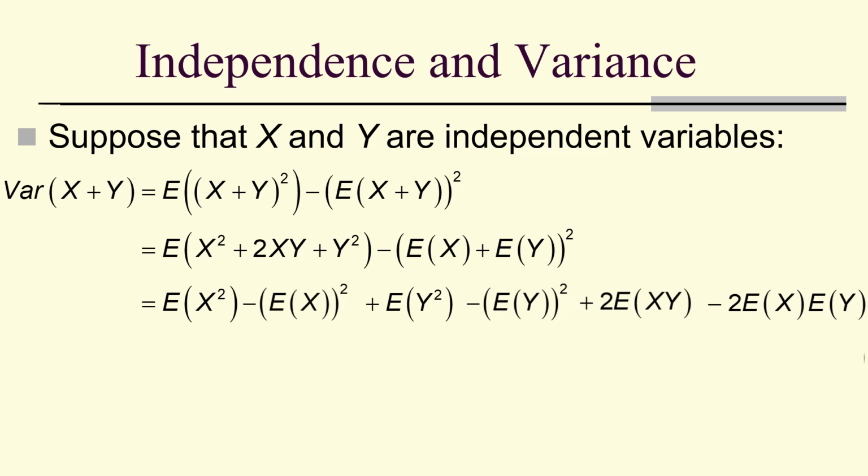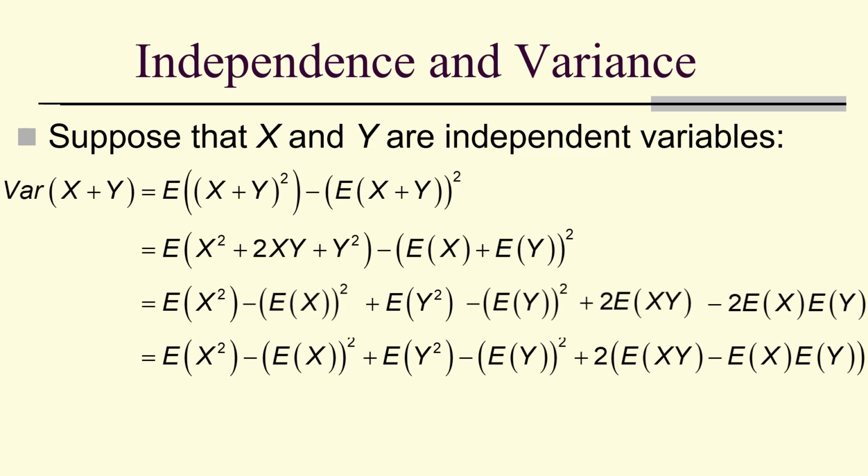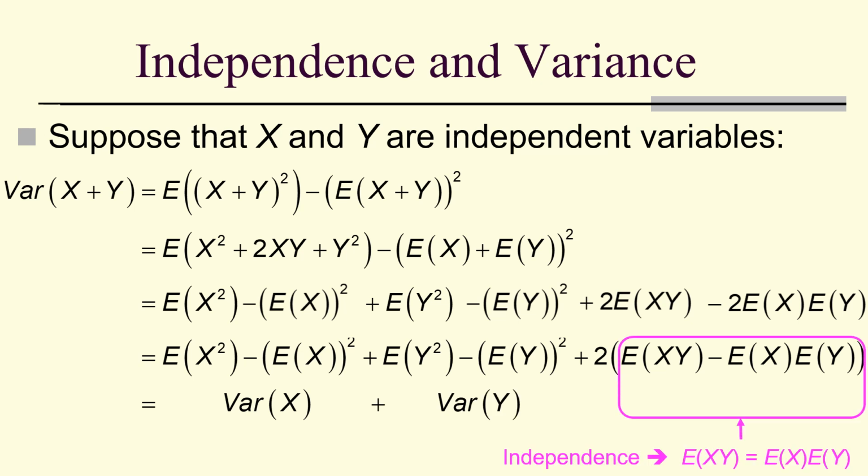Notice when we reorganize that we're going to end up with some cancellation, because we have the variance of x, then the variance of y, but notice that E of xy is equal to E of x, E of y. So this is the variance of x plus the variance of y. By independence, that last term is 0.